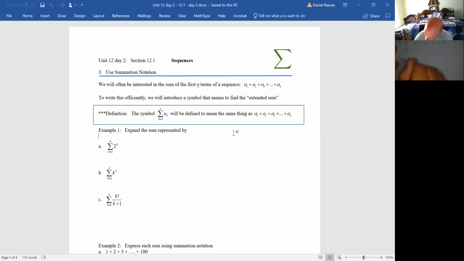Next up, we've got the sum from k starting at 1, k ending when we get to n, of k factorial over k plus 1.